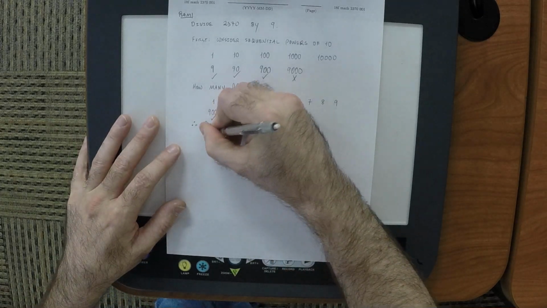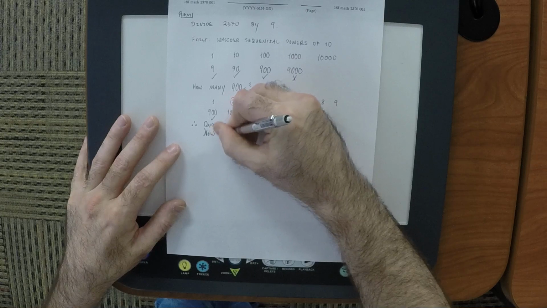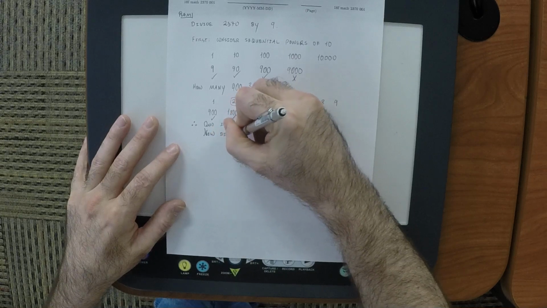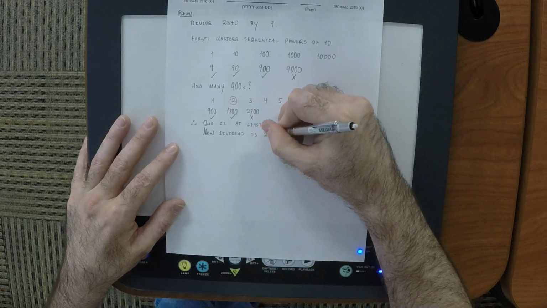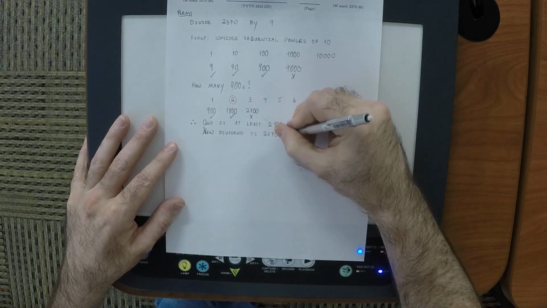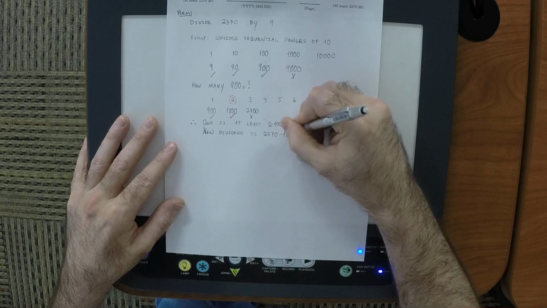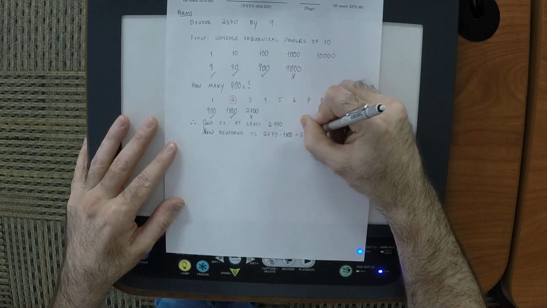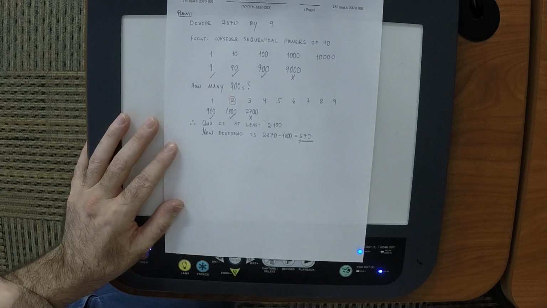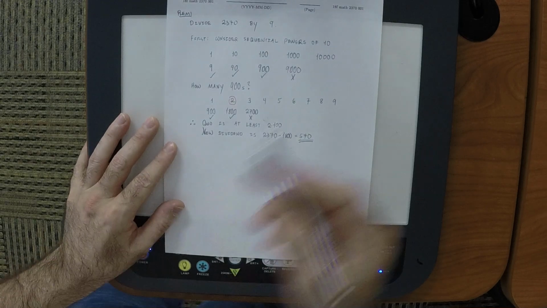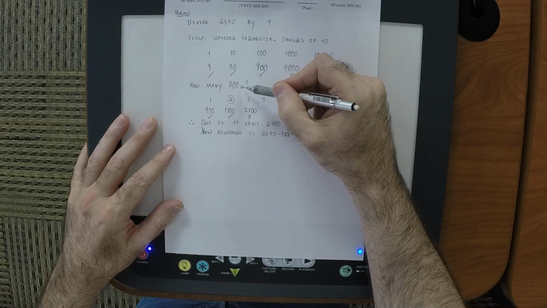So the new dividend is, well, we had 2370, and we just said that we're going to take 1800. So that's 570. So now this is the number that we're looking at. Okay. So we were just taking away 900s.